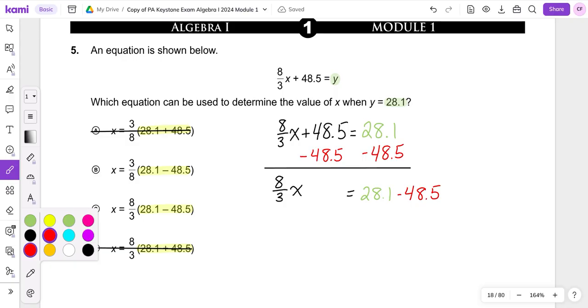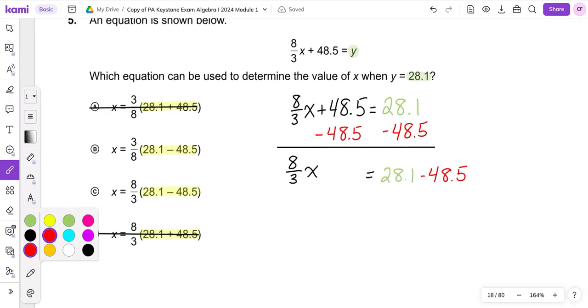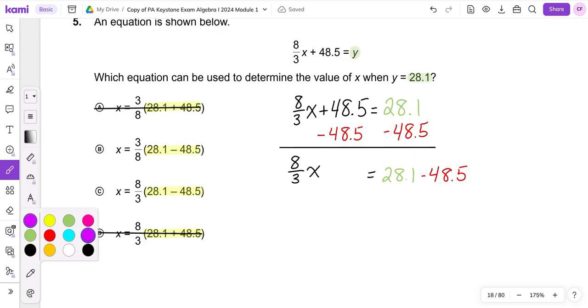And then from here, we really have multiple options here. We could do it all at once, take it step by step, but to stay in alignment with what they did, if we have a fraction that we're trying to move from one side to the other side, what they ended up doing was multiplying by the reciprocal.